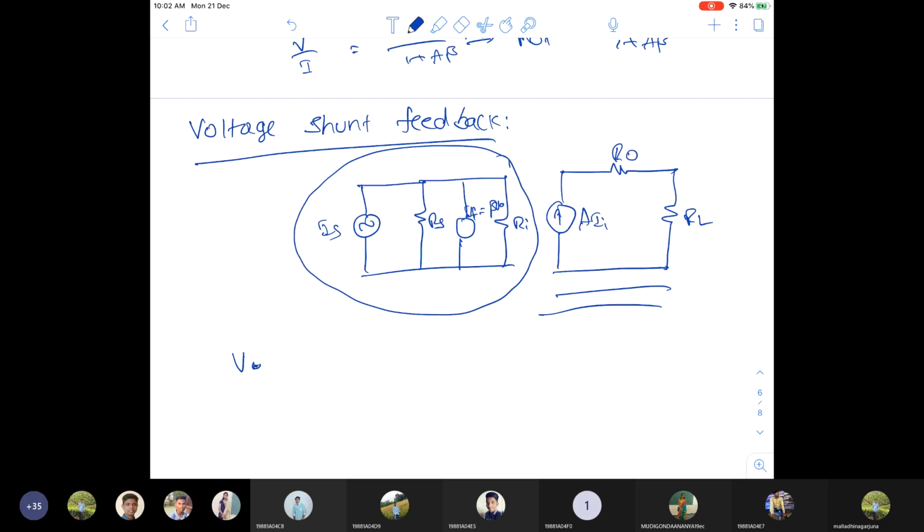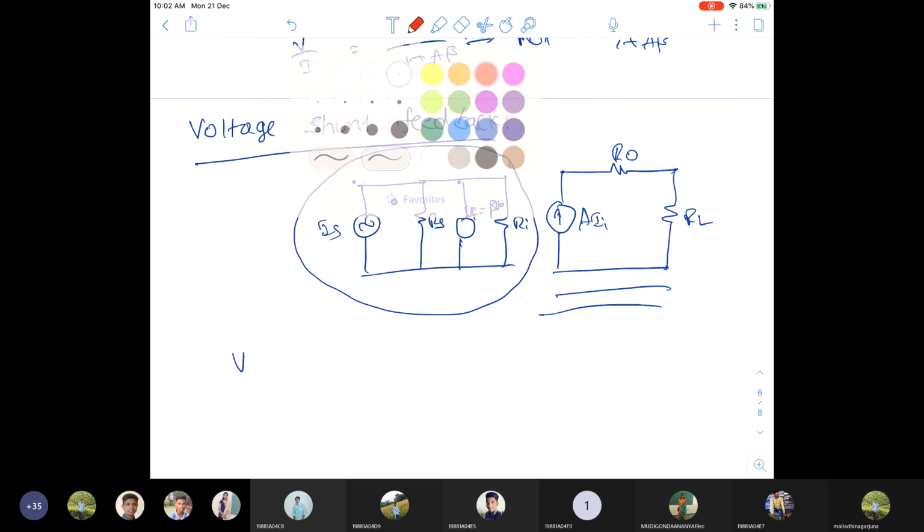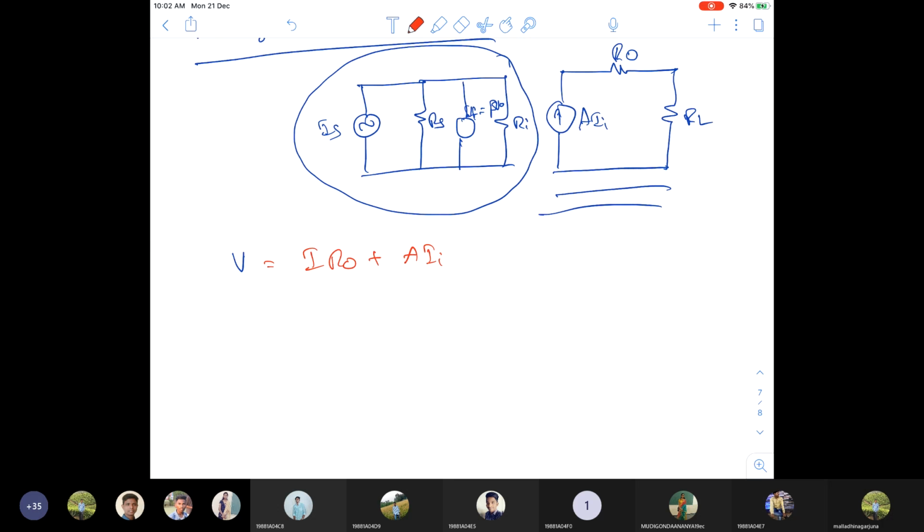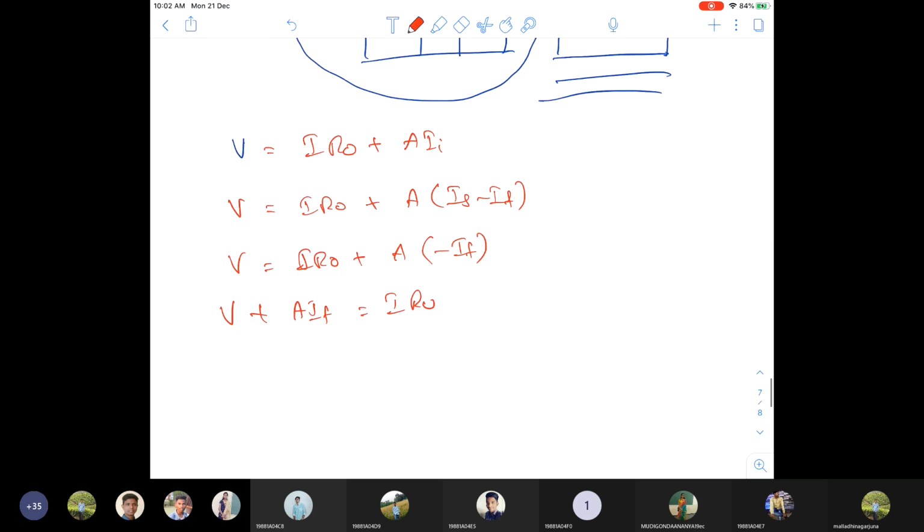Then V is equal to I R naught plus A into Ia. Just apply KVL. Ia is nothing but Is minus If, and Is is anyway 0. So V plus A If equals I R naught.